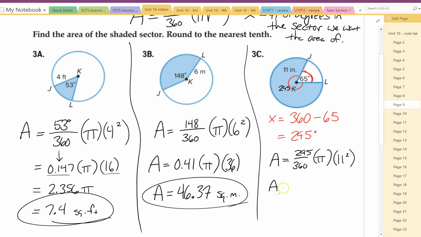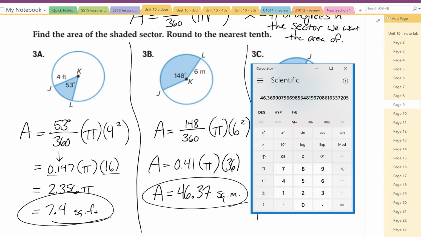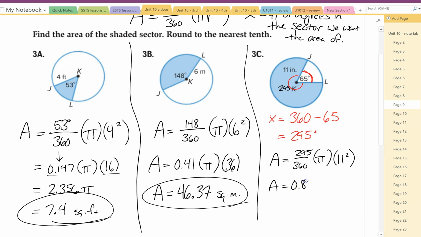So let's figure out what 295 over 360 is as a decimal. Let's call that 0.82 times pi times 11 squared, which is 121.